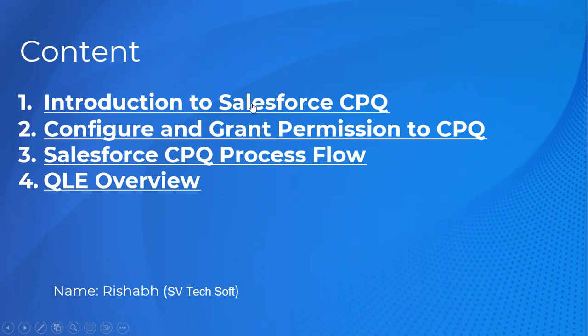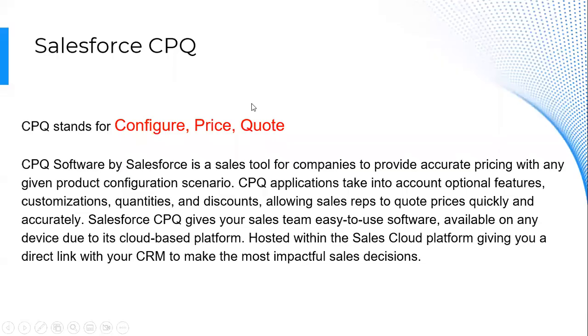Okay, so let's start with the introduction, what Salesforce CPQ is. CPQ stands for Configure, Price, and Quote. CPQ software by Salesforce is a tool for companies to provide accurate pricing with any given product configuration scenario.